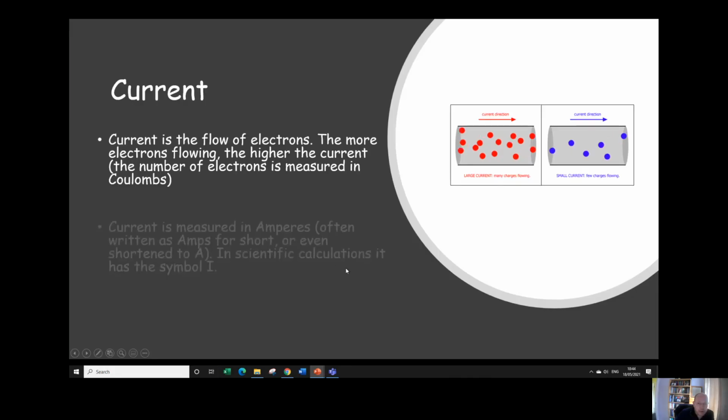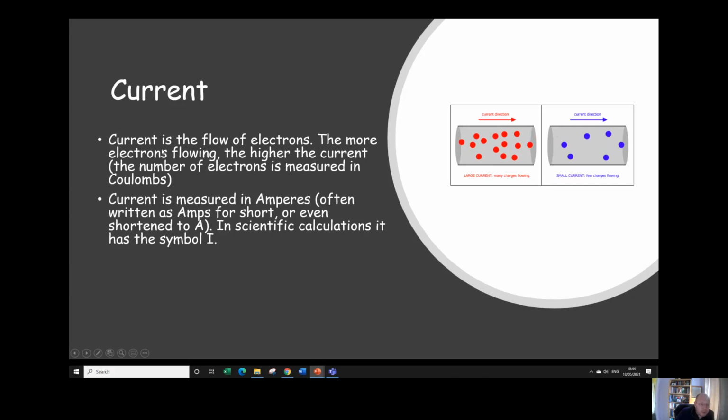Okay. So current is the flow of electrons. The more electrons flowing, the higher the current. The number of electrons is measured in coulombs. I can't remember the exact number, but basically 1 coulomb is millions and millions of electrons. So if you talk about 1 coulomb per second passing a point, you're talking about millions of electrons passing that point per second.